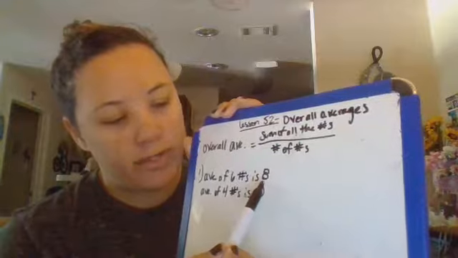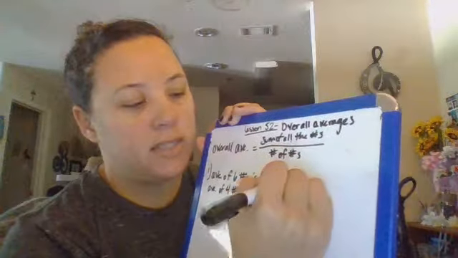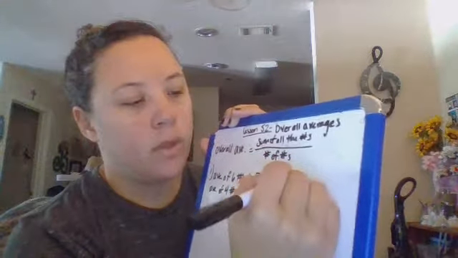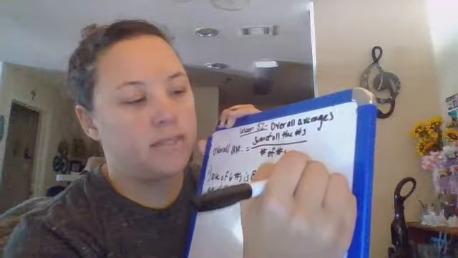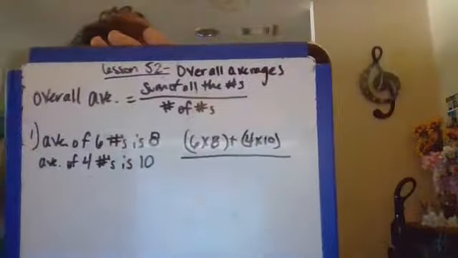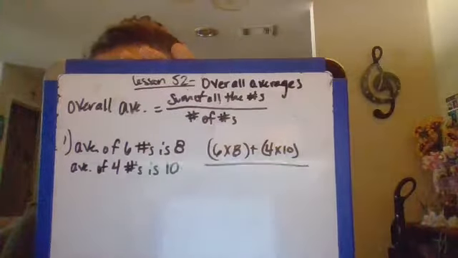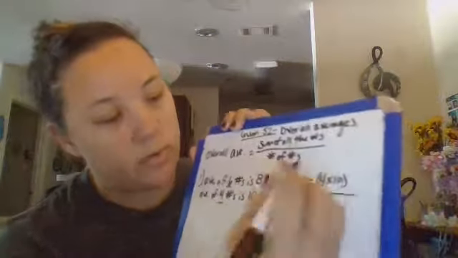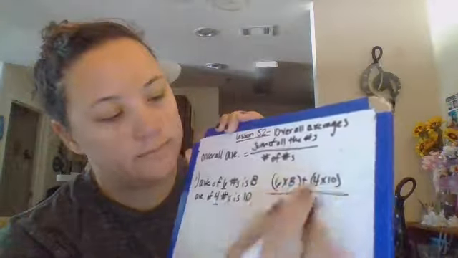And their average is 8, their average is 10, so we would do 6 times 8 plus 4 times 10, on top. And then by the number of numbers. We have 6 numbers and 4 numbers, so it would be 6 plus 4.